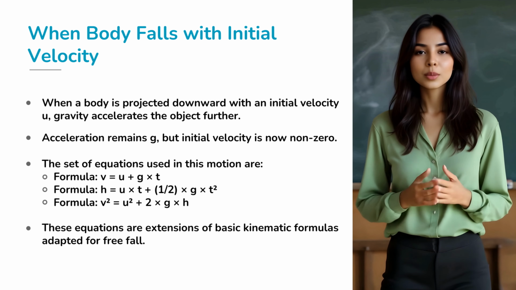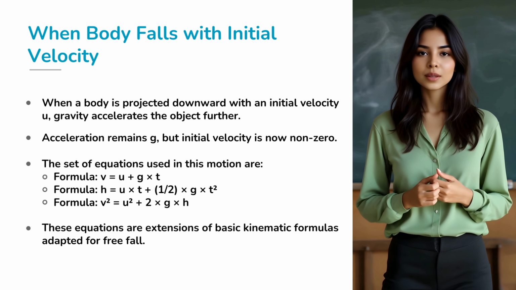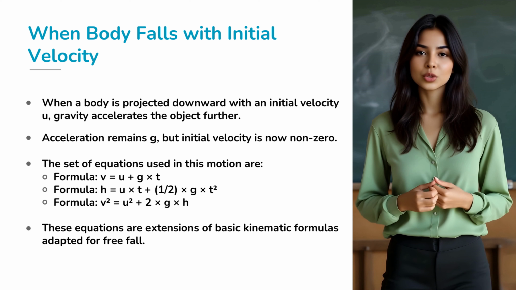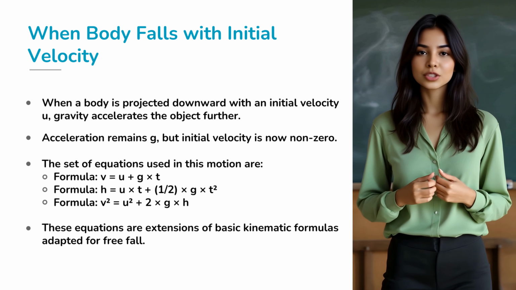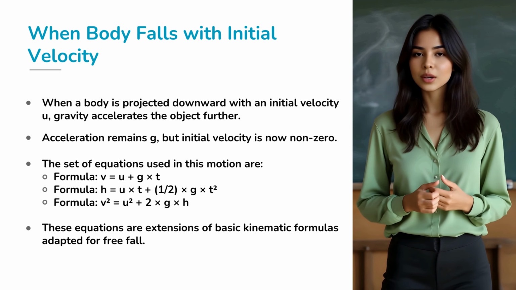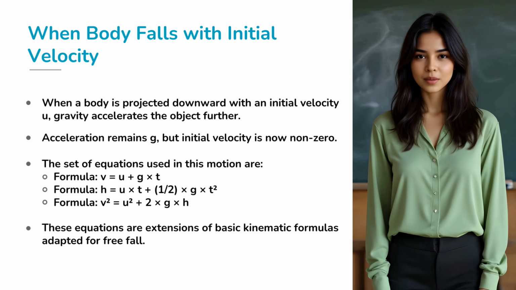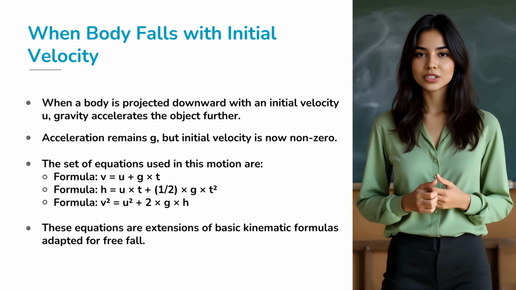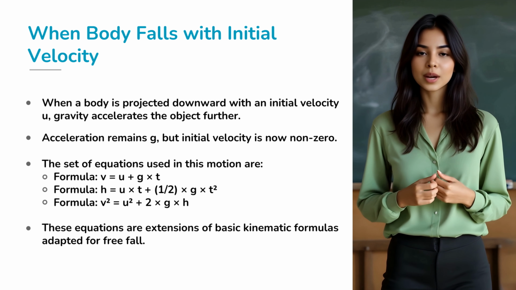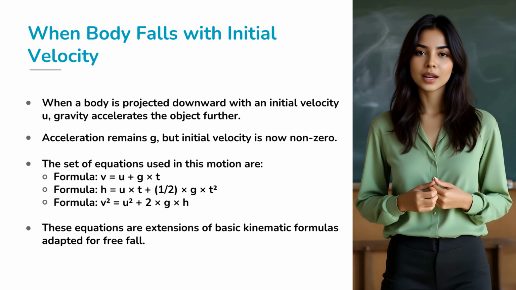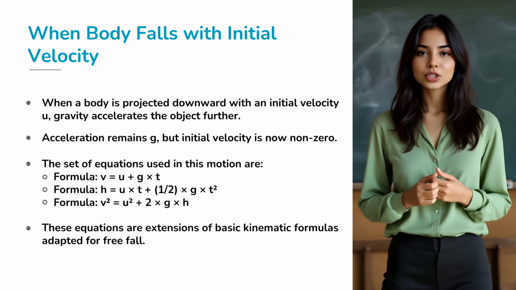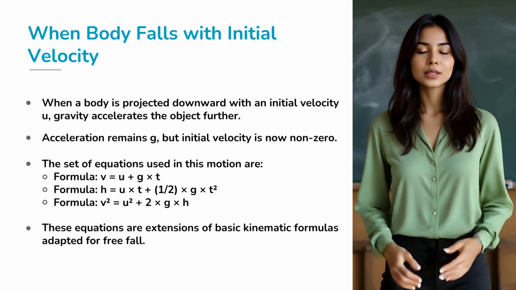But what if we don't just drop the object? What if we throw it downward? When a body is projected downwards with an initial velocity, we still have acceleration due to gravity acting. But now the motion starts with u, a non-zero velocity. The modified equations of motion are v equals u plus g multiplied by t for final velocity, h equals u multiplied by t plus 1 by 2 multiplied by g multiplied by t squared for height traveled, and v squared equals u squared plus 2 multiplied by g multiplied by h, connecting velocity and displacement.